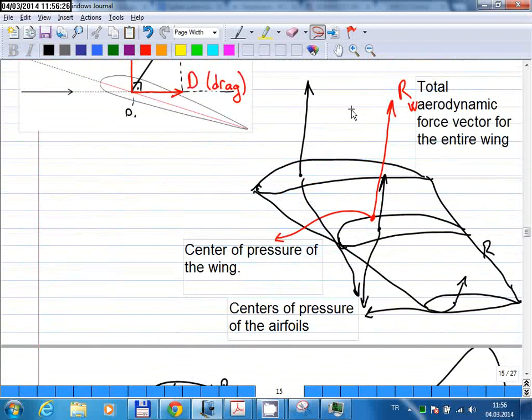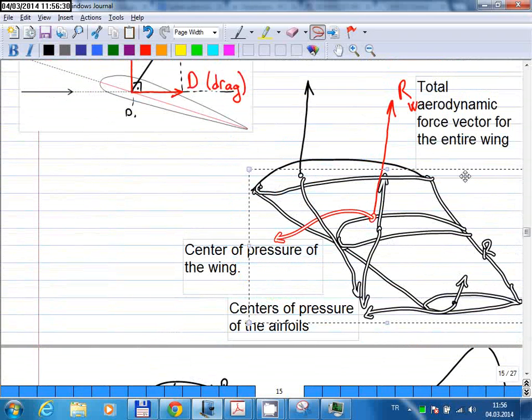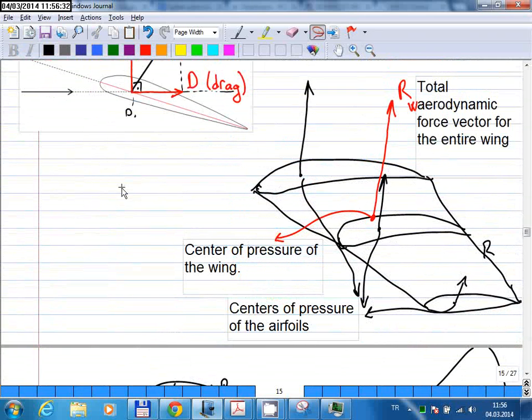So here, this picture is just to remind you that we're still talking about the two-dimensional case, but in reality, obviously, you have a three-dimensional aircraft. And the total force is obviously the sum of all these forces on the entire wing surface.